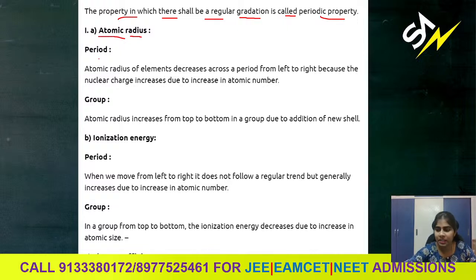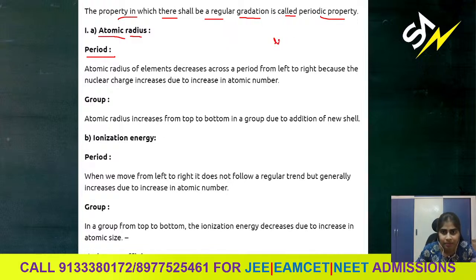What is atomic radius? What happens to this atomic radius in a period? In a period, as we move from left to right, what happens? Assume a periodic table.